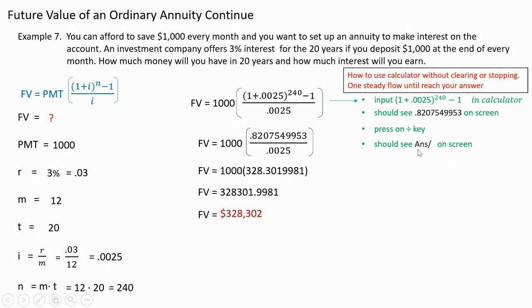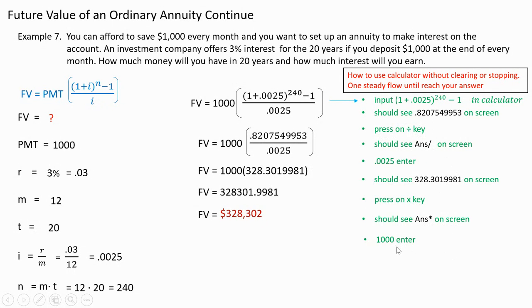And this is what you should see on your screen. Answer divided by, then we're going to put 0.0025. You're going to enter. So this is what you get, on the calculator screen. Then you're going to multiply that by 1,000. You press the times key. You should see that on your screen.